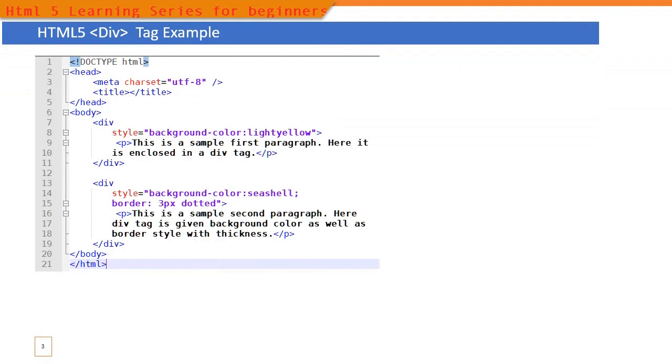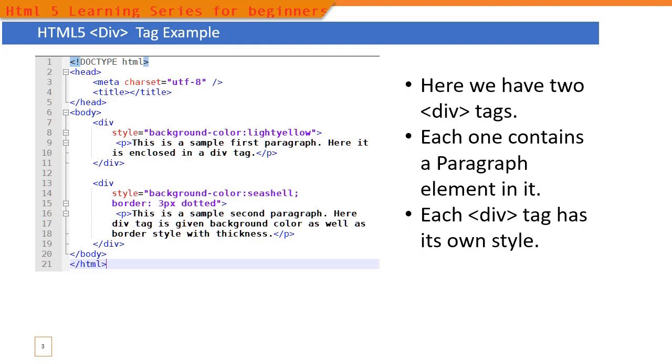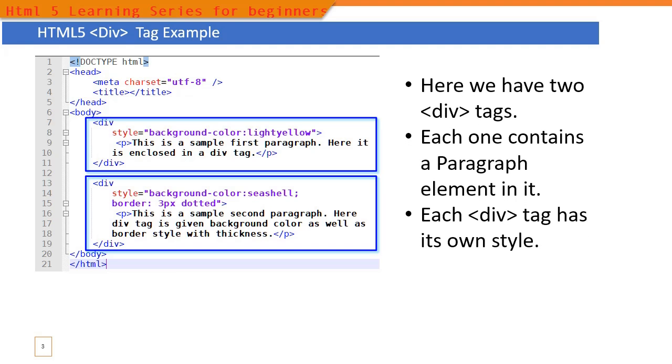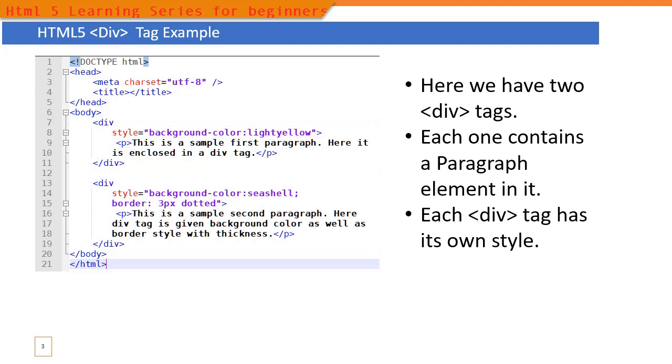So here is the div tag example. Here we have two div tags. One is running from line 7 to 11 and another one is running from line 13 to 19. Each one contains a paragraph element in it. So the first div tag has one paragraph and the second div tag has one more paragraph.